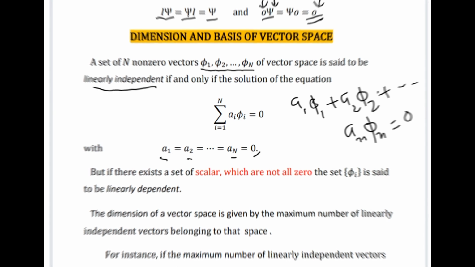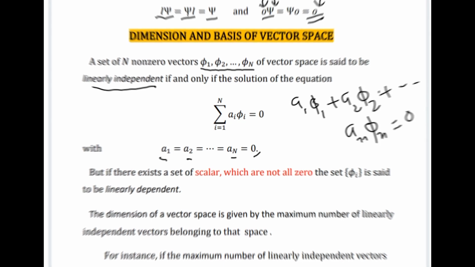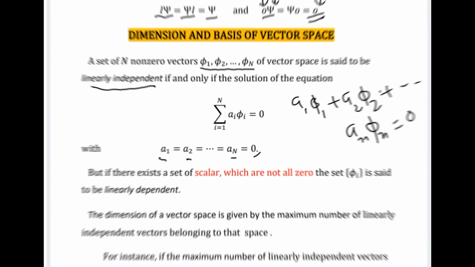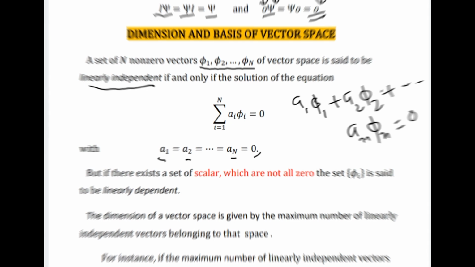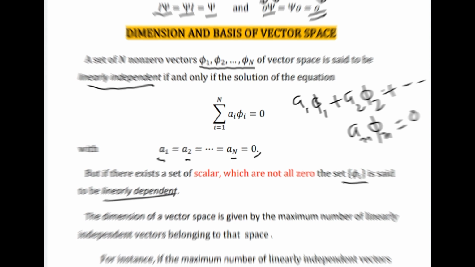In this situation the vectors are called linearly independent, and phi i are called linearly dependent vectors if any one of the scalars is not 0.